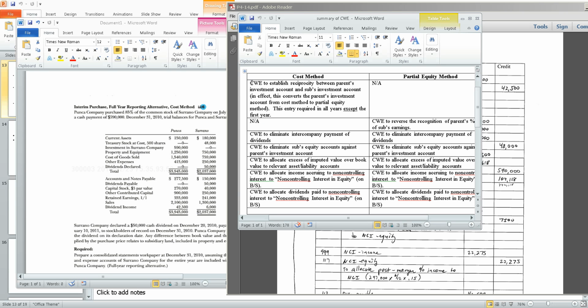This first entry does not have to be made. It is not required in the first year under the cost method. It's only required in years 2 and later. So the first entry that we need to make is a consolidated entry to eliminate intercompany payment of dividends.